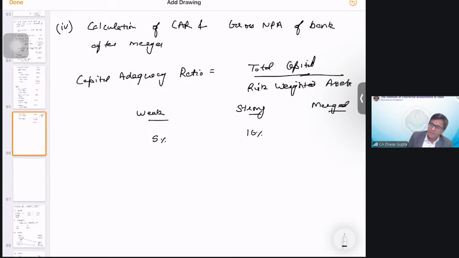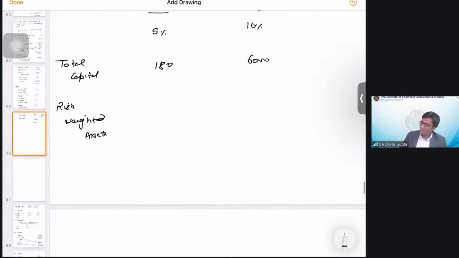Correct. This was the CAR ratio of them. What was their total capital? 180 and 6,000. This was the computed value. In step 1 itself we have calculated the respective values of capital. Risk weighted assets, that means it will be 180 divided by 5%.